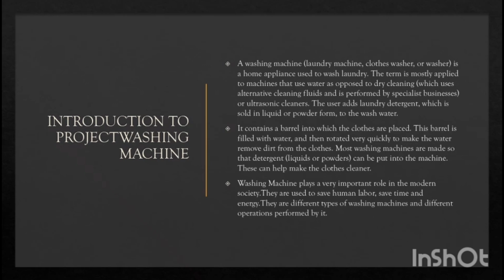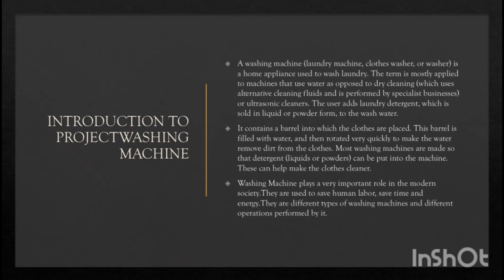The user adds laundry detergent, which is solid, liquid or powder form, to the wash water, and it contains a barrel into which the clothes are placed. This barrel is filled with water and then rotated very quickly to make the water remove dirt from the clothes.